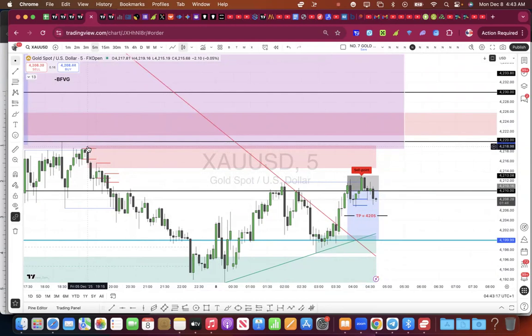But I don't think anything from here or from here targeting up here is a bad deal, because this is a fair value gap. If they take the market here to this point, that's 200 pips. From here to this point, that's 150 pips. That's big enough.